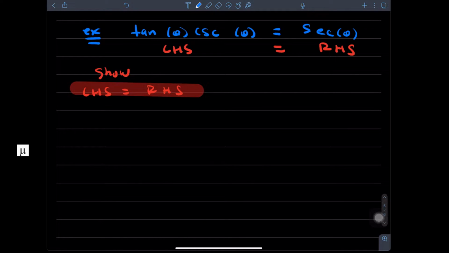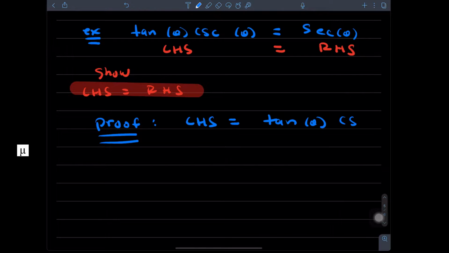So which side is more complicated? So you're going to say prove or proof. Left-hand side equals what? Tangent theta cosecant theta.